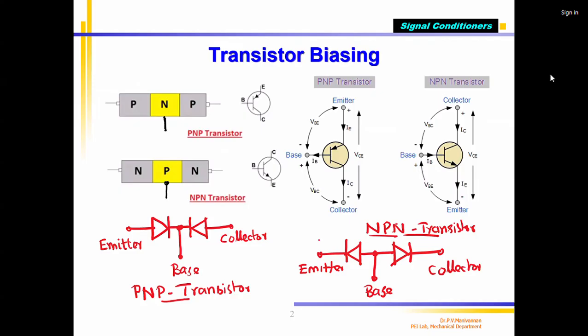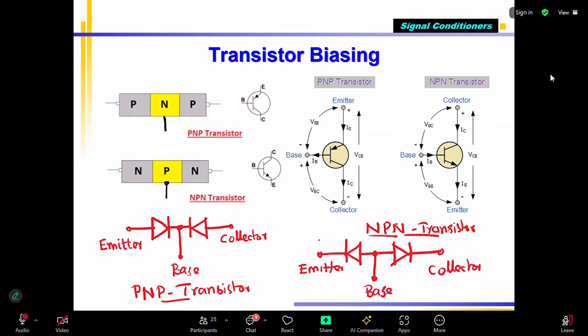While selecting a transistor, you have to select the appropriate gain value. The commercially available transistors have current gain, called beta, which can vary from 10 to even 1 lakh. Depending upon how much amplification you have to do, the base current should be amplified. You can select a transistor having a specific beta, maybe 100, 200, 5,000, 10,000, 20,000, 50,000 also. That's what I told yesterday.